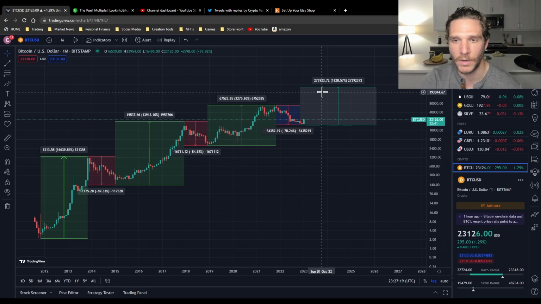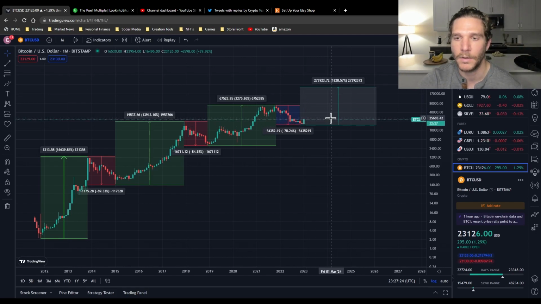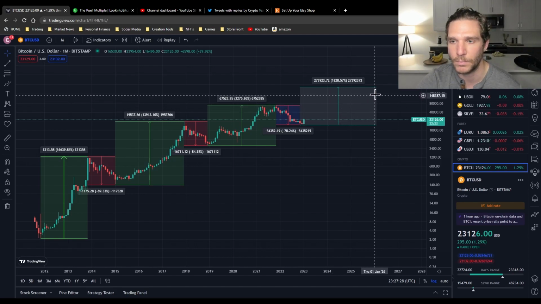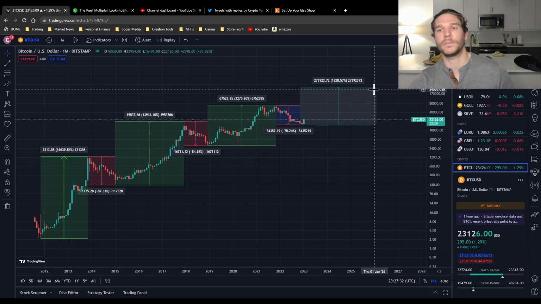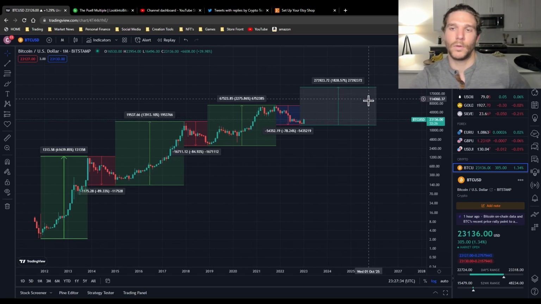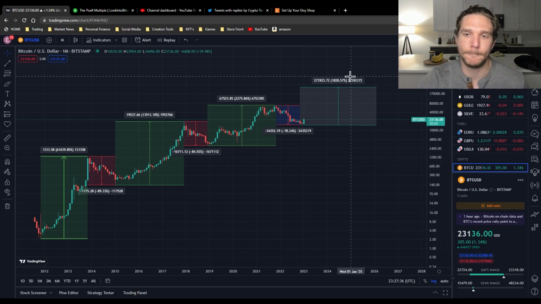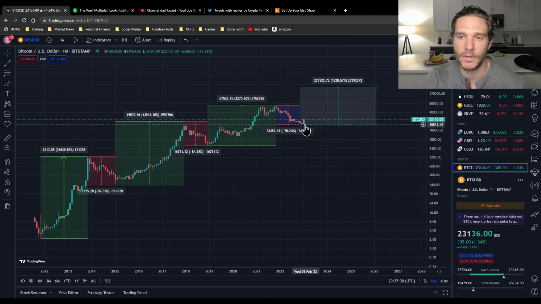Now, this doesn't mean we're going to go straight up. I think we're actually going to chop for a while right in here, and then we're going to start to move up a little bit in this area, which brings us to that top right in the 2025 range. So it's going to be a slow move, but the good news is it's going to go up.